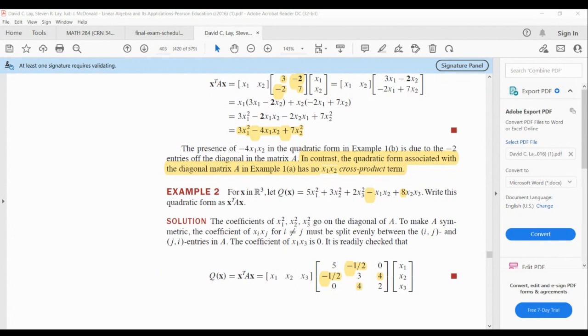And the -0.5, you notice that's 1/2 of -1, right? And the 4 in that matrix A is 1/2 of 8. Do you see that? So if you ever want to get the off-diagonal entries, just take the coefficients of your cross product terms and divide them by 2, and those will be your numbers.